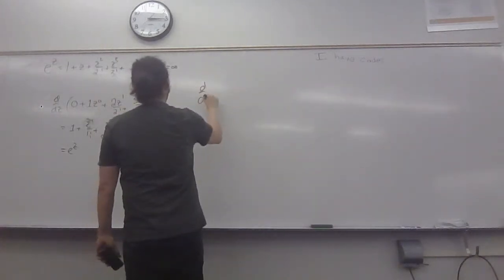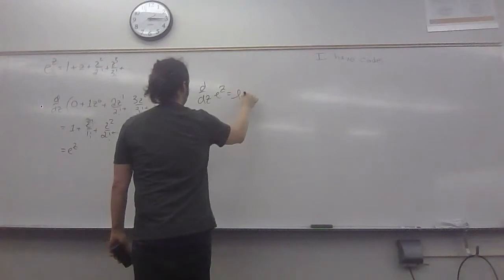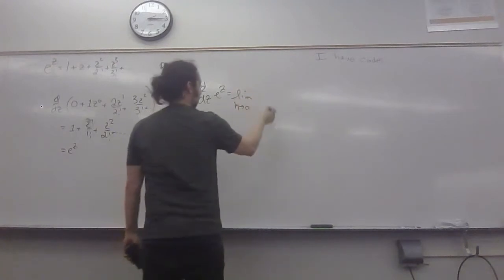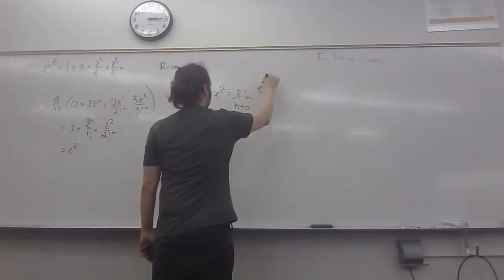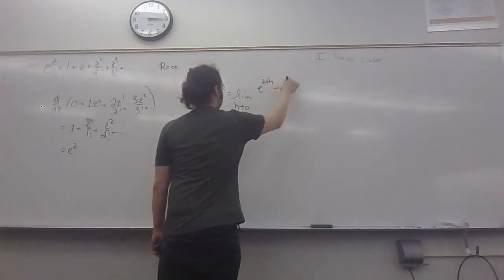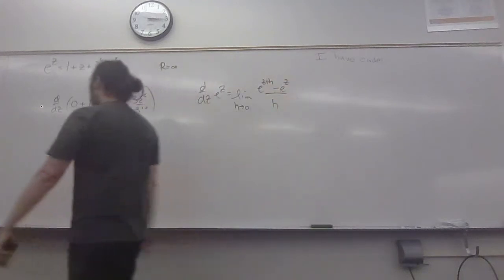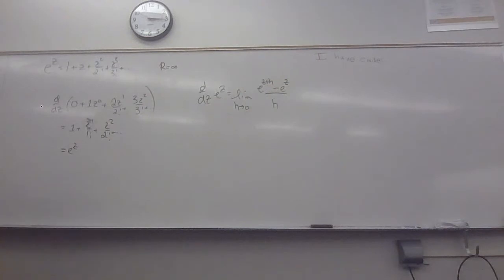It means the limit as h goes to 0 of e to the z plus h minus e to the z, over h. Why should it be the case that those are the same? I mean, we want them to be the same. If differentiation of power series works the way we think it should, then if e to the z is equal to this power series and I take the derivative of the power series, it converges and is equal to whatever the derivative of e to the z is.